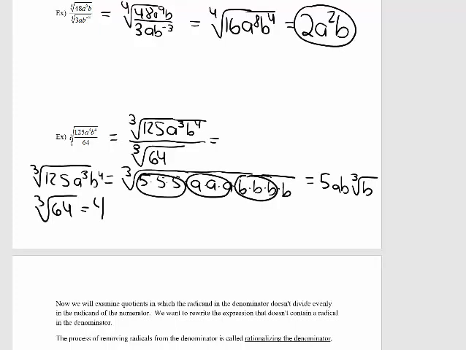So I've written below what the cube root of 125a cubed and b to the 4th and the cube root of 64 is going to be. Okay? So I can rewrite. And we're done here.